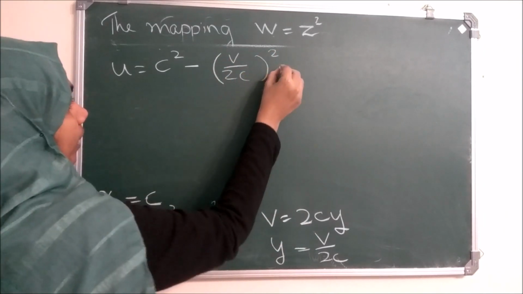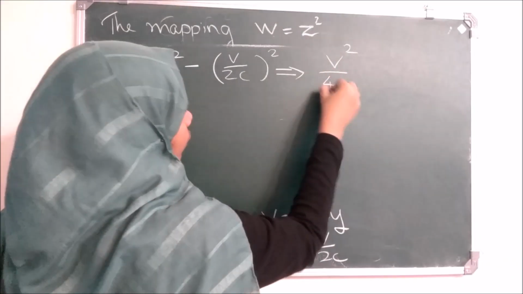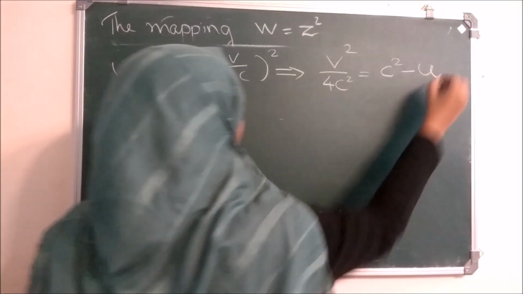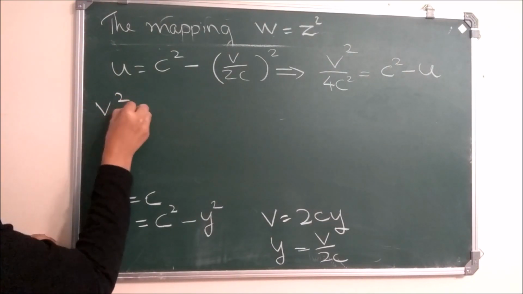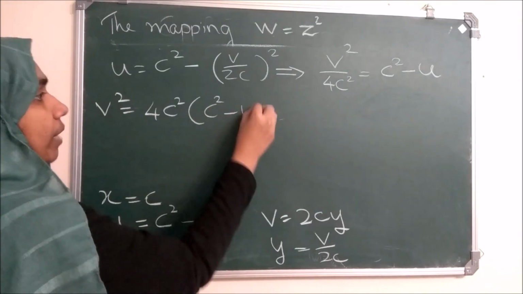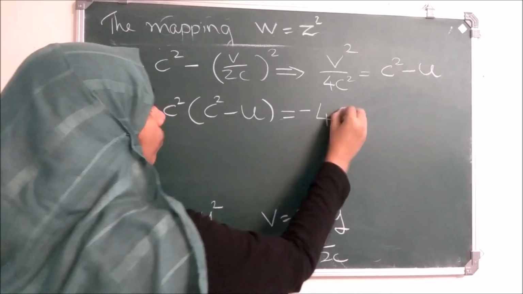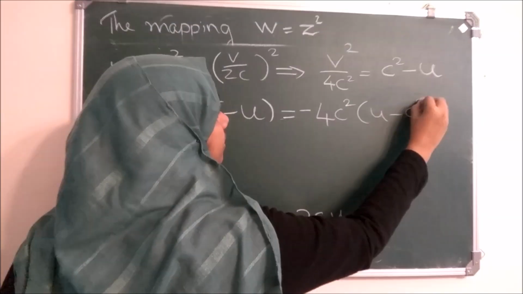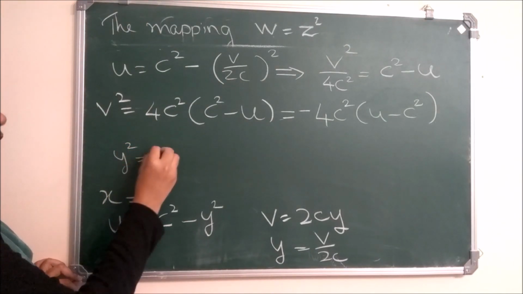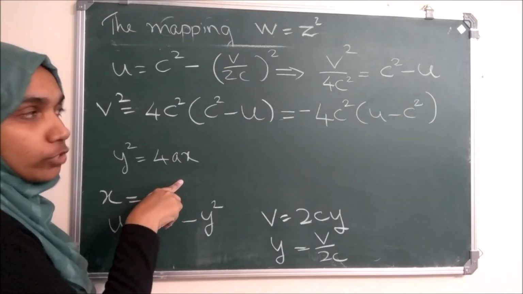From this we can write V square by 4C square is equal to C square minus U. So you can say V square is equal to 4C square into C square minus U, which you can write as minus of 4C square into U minus C square. We already know that Y square is equal to 4AX and Y square is equal to minus 4AX are the equations of parabola.